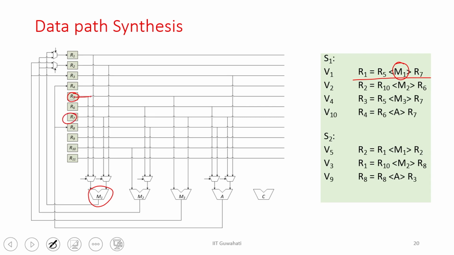You have to make a connection from R5 to this and R7 to this, and the output goes back to R1. This way you read the operation and make the connections. This is in clock 1. Now, when you move to clock 2, what will happen?